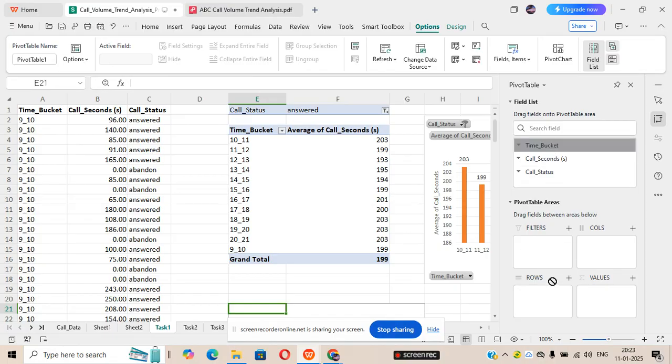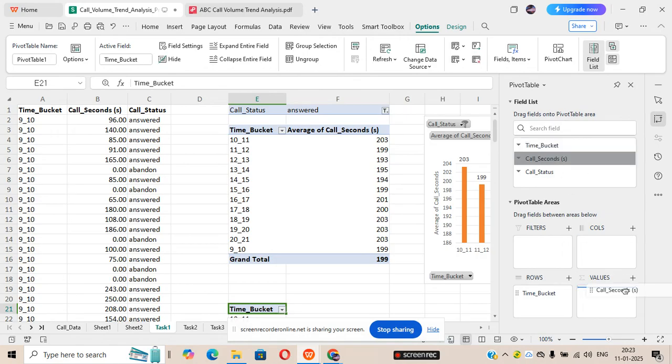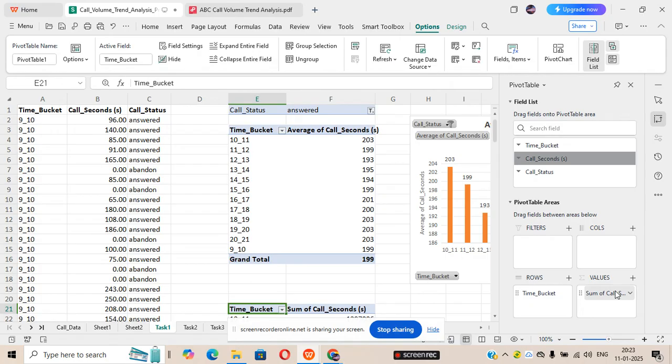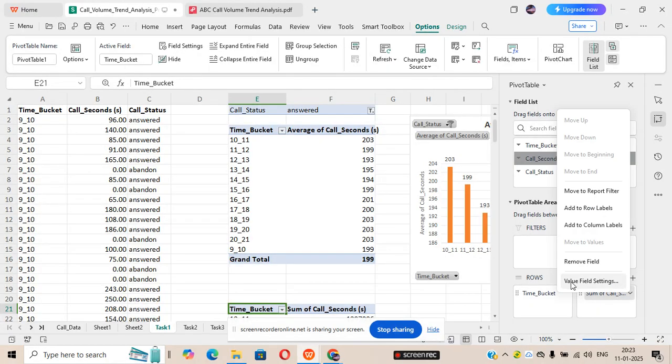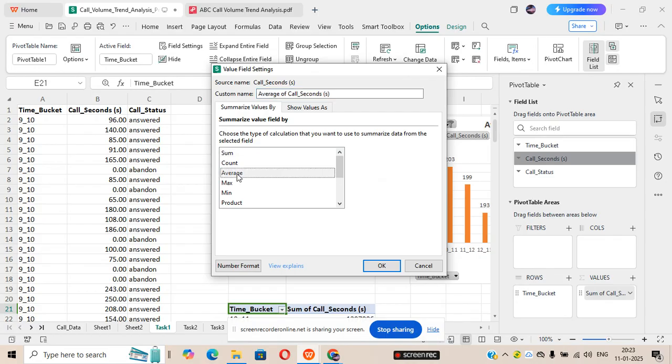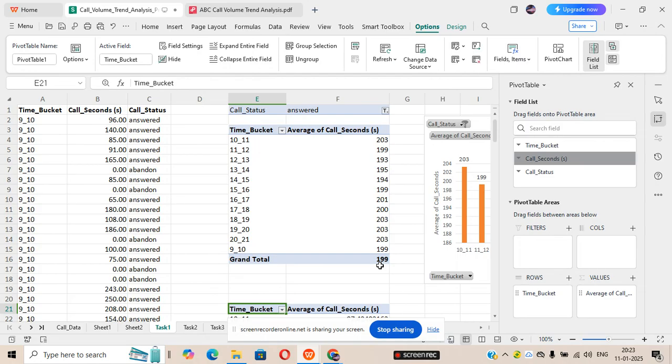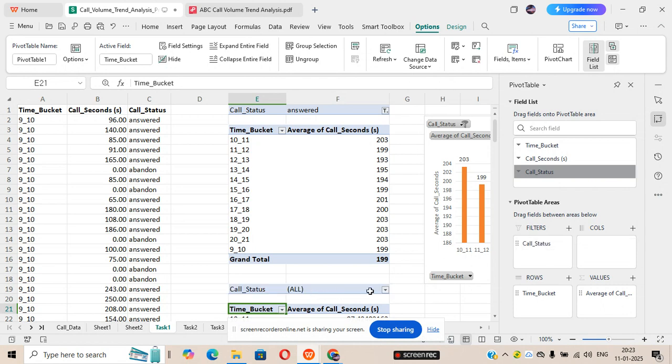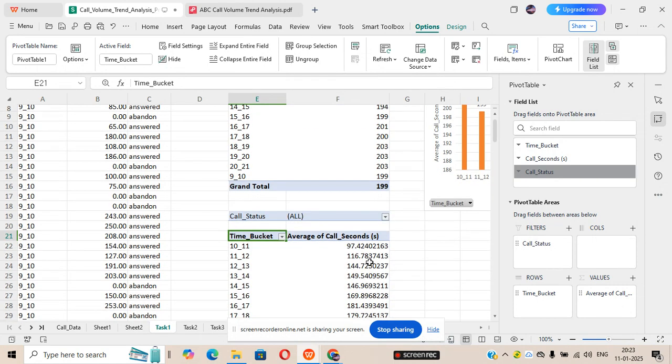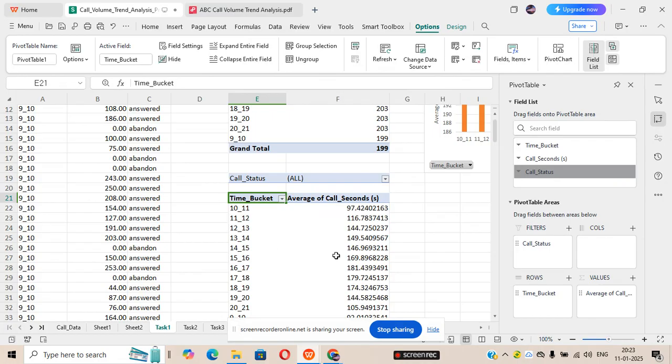Here I have moved time bucket to rows and call seconds to values, and changed it to average because they have asked for an average duration. And call status to filter. So this is the pivot table I have got.